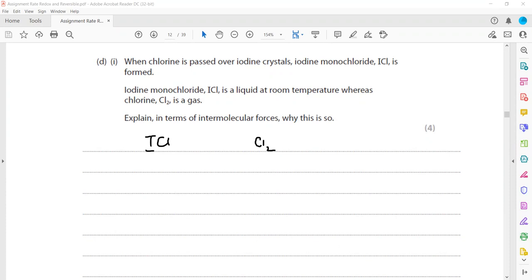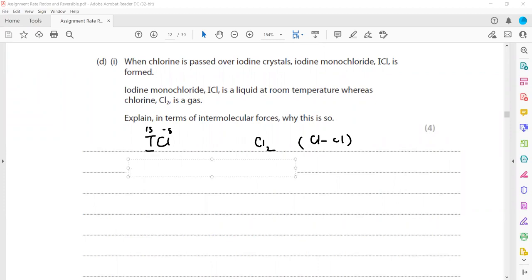So when both of them are simple molecular structures, here, because of the difference in electronegativity, chlorine is more electronegative, so there are partial negative and positive charges. Whereas in a chlorine molecule, Cl2, both atoms have the same tendency, so it does not have a permanent dipole or dipole-dipole force. It will have induced dipole force or London dispersion force.